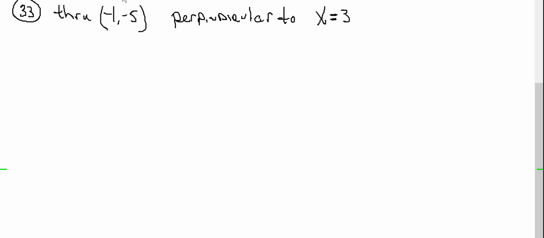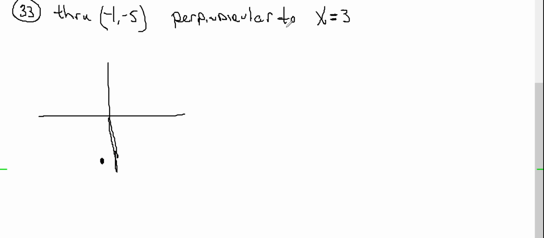So again, I'm going to draw a picture of this to see what's happening here. Here's a graph, and a point that is going through -1, -5. So -1, -5 may be down here somewhere. You don't have to be exact for this.